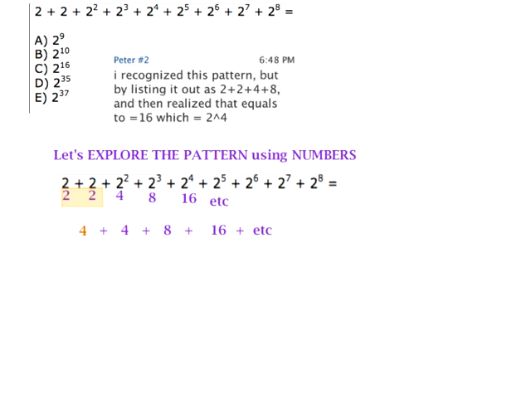You're going to notice that this is going to be the same as the next term. So this is going to be an 8. And then after that 8, you're still going to have the plus 8, plus 16, and so on. So if you keep doing this, you'll end up with 2 of the last term.